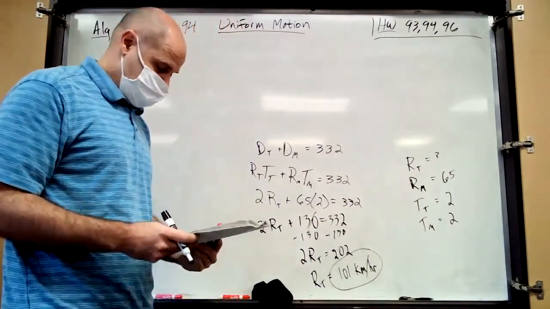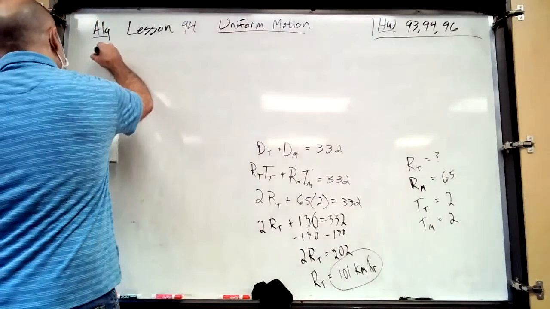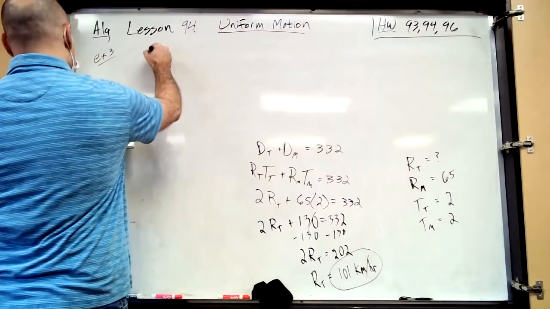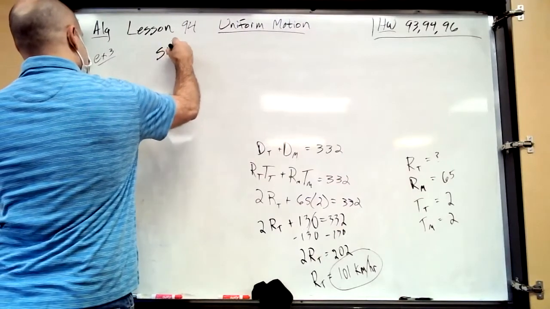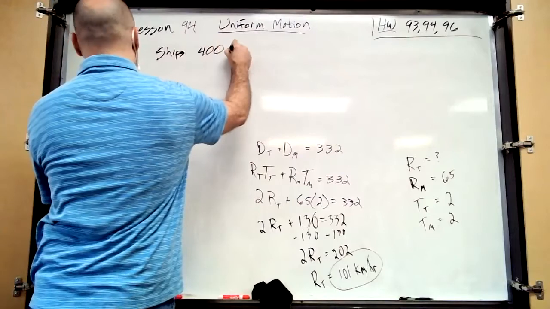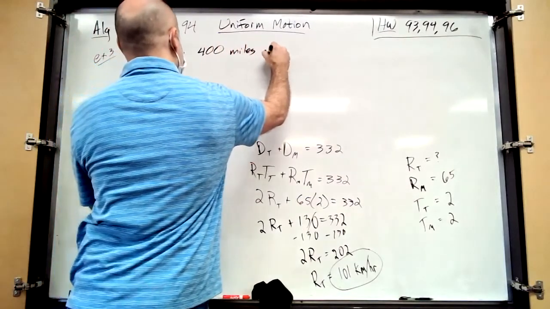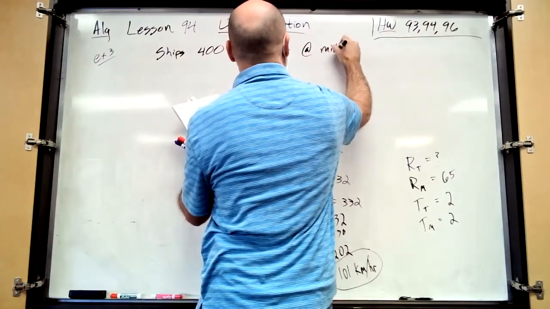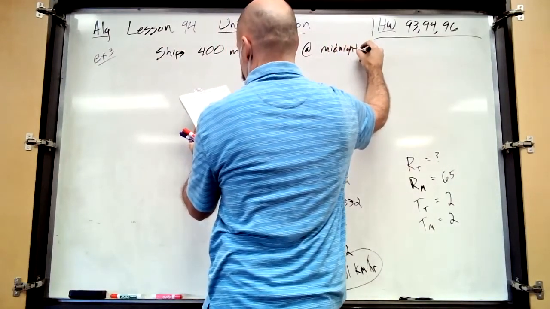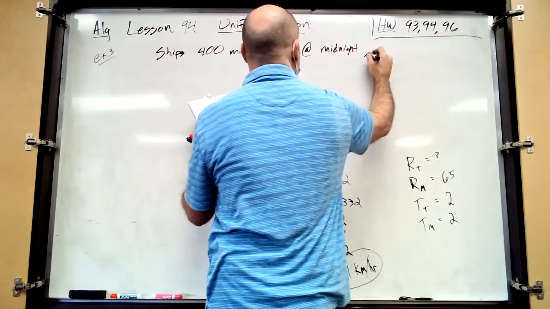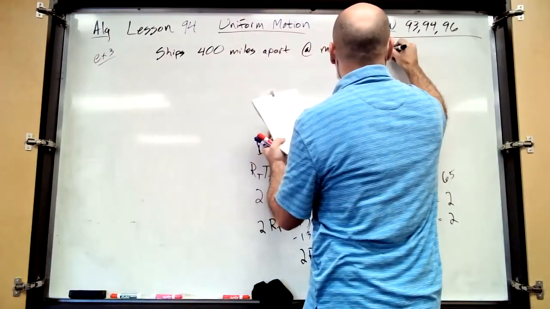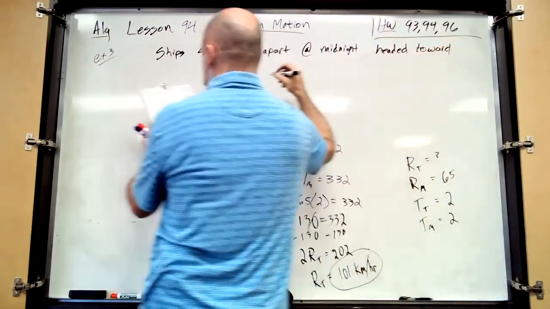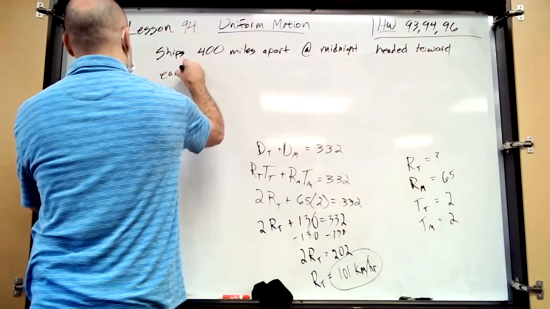It'll stress him out. Okay, here's example 3. All right, let's say 2 ships, 400 miles apart at midnight, headed towards each other. Oh, how romantic. Toward each other.